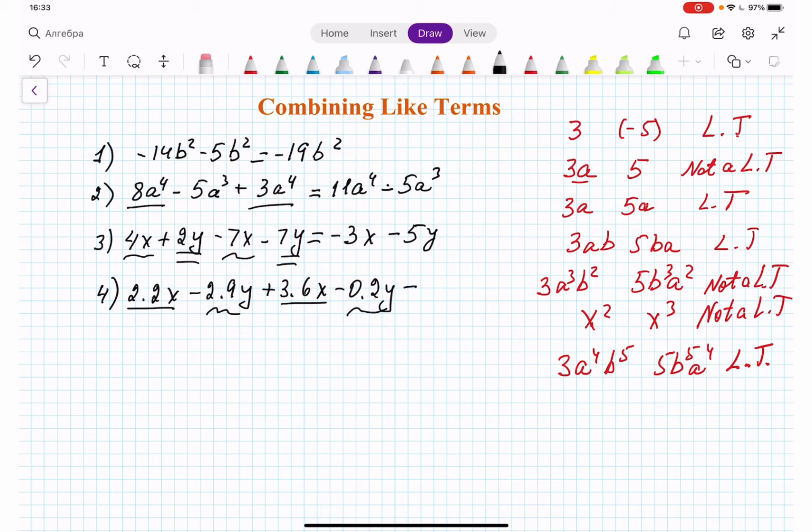So we are getting, let me see, 2.2 and 3.6, it's going to be 5.8x. And we are getting minus 3.1y.